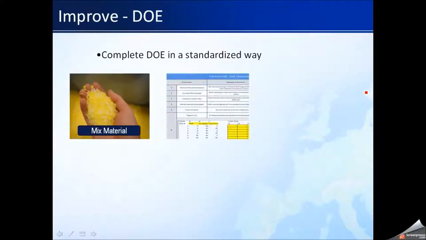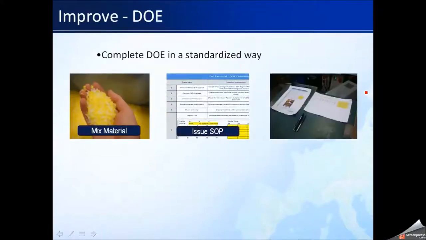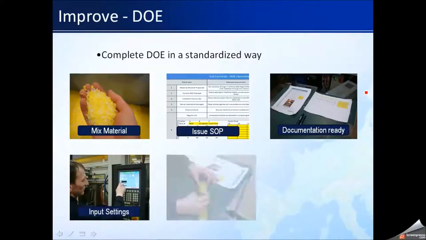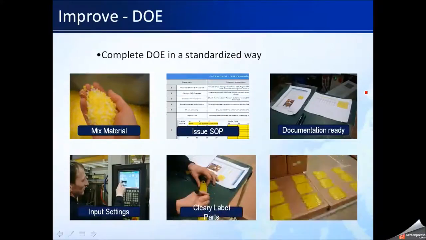So really important that we do a great procedure when we do this. You'll see how disciplined this team have been here in making sure that this DOE goes really well. Labeling all the parts. Very important that the parts are well looked after, well labeled. All the data is important.